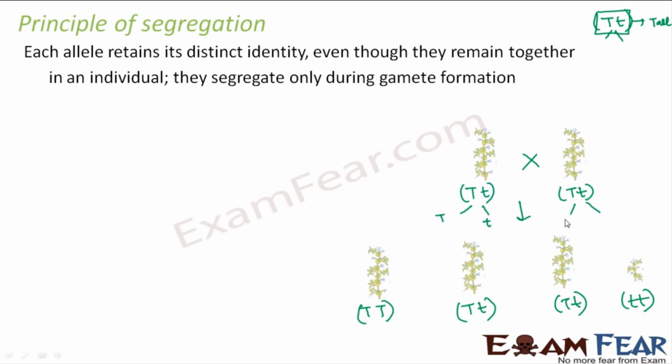Capital T, small t, capital T, small t, and then these can combine in one of these ways. Right? And that is how these four plants were formed. So each of these alleles retains its identity even though they remain together in an individual. That is the principle of segregation. The word segregate also means to separate out. So the alleles separate out only during gamete formation, retaining their identity.